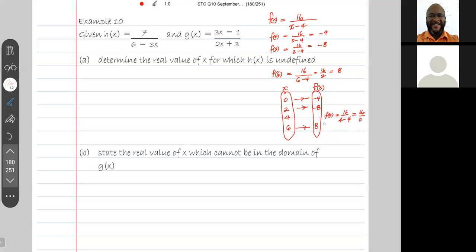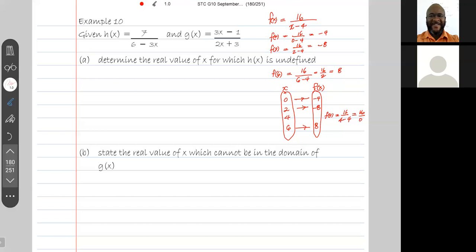Guys, what is 16 over 0? Use your calculator, punch 16 divided by 0 in it and tell me what you get. Anybody? Well, Jaden is saying it to me over here.